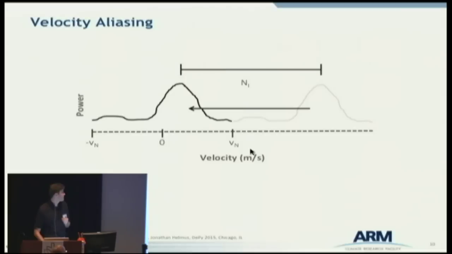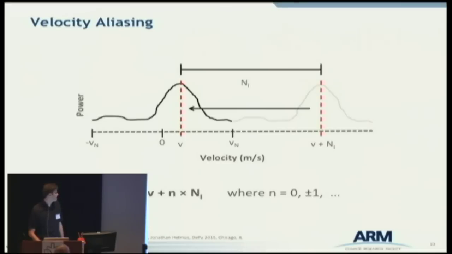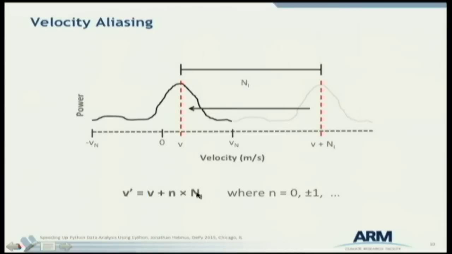These two limits are known as the Nyquist velocities. And so the velocity that we measure might differ from the actual velocity of the true atmosphere by this Nyquist interval. In general, the true velocity of whatever the gate is equal to the velocity that we measure plus or minus some integer number of the Nyquist interval.